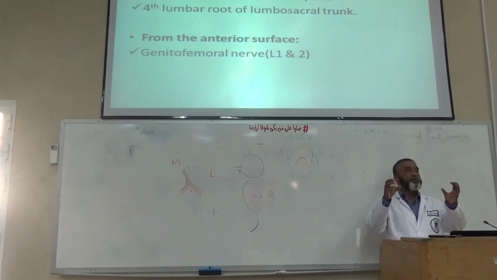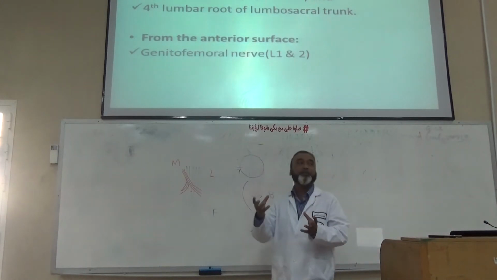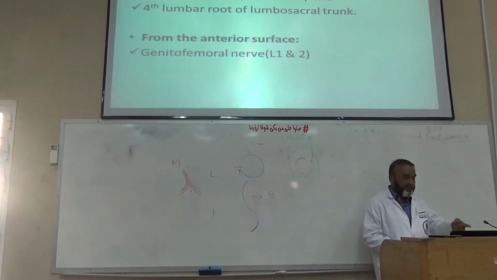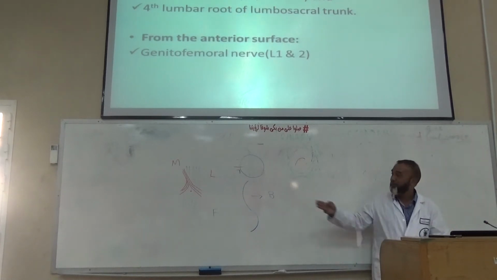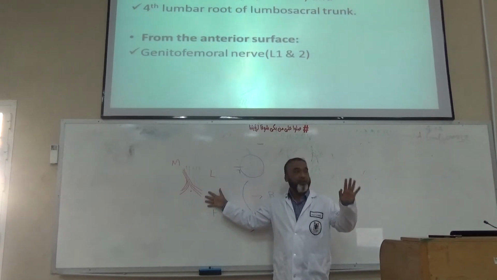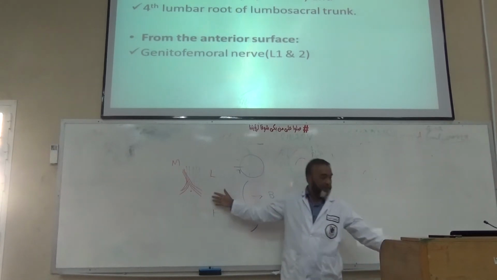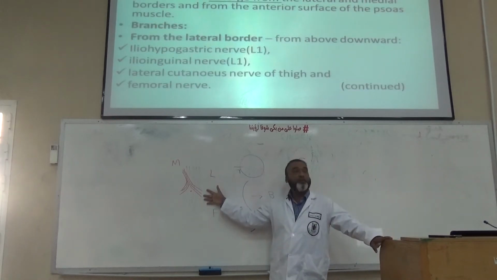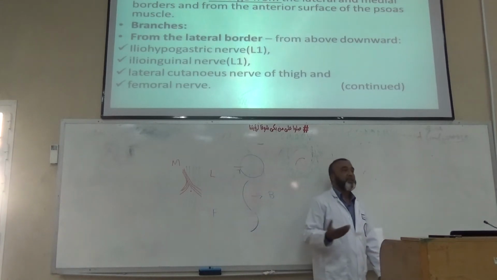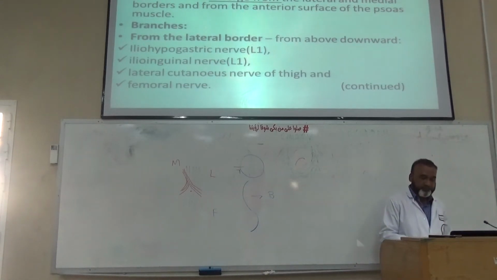One is the fourth part of the lumbosacral trunk, that is from L4, and the other one is the obturator nerve. And from the lateral border we have four: ilioinguinal, iliohypogastric, lateral cutaneous nerve of the thigh, and the femoral nerve. And from the anterior aspect comes out the genitofemoral nerve.